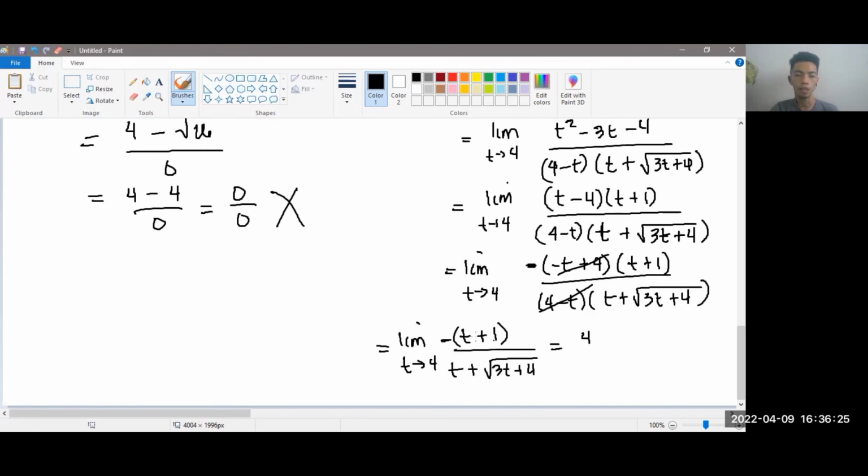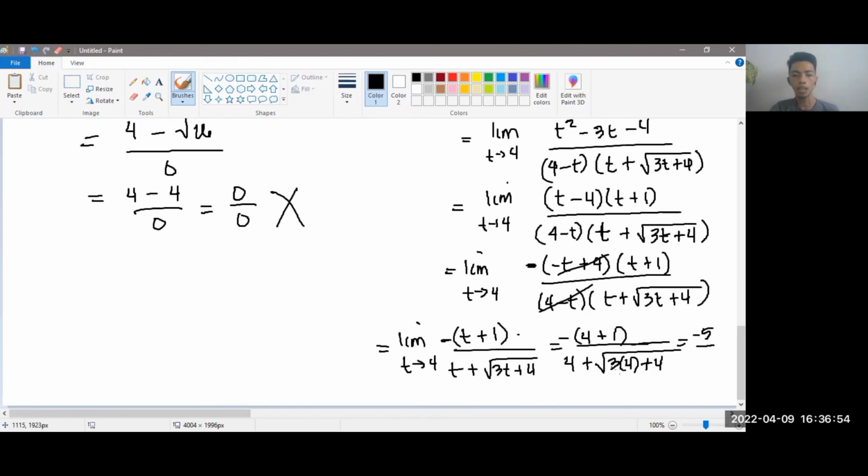So, negative of t plus 1 over t plus square root of 3t plus 4. So, I have here negative of 4 plus 1 all over 4 plus the square root of 3 times 4 plus 4. So, in this case, I have here negative 5 all over.